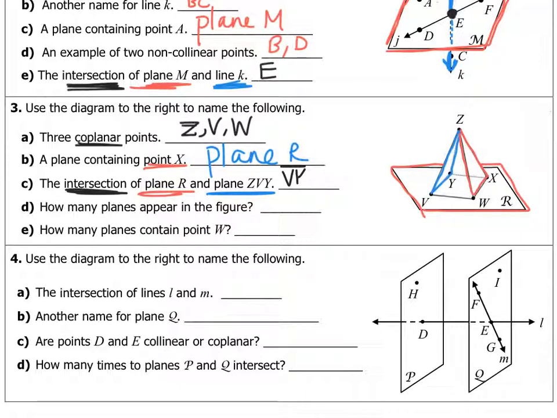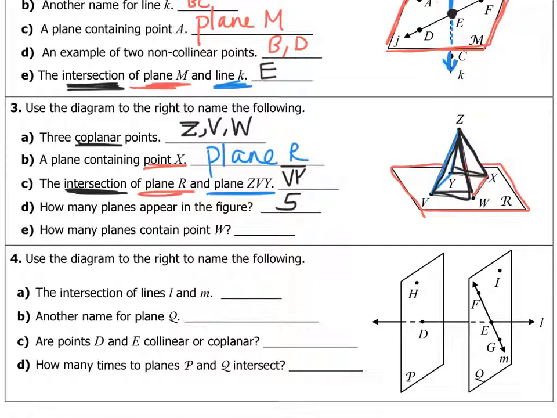And another plane that I see is plane ZVW. And I see another plane, which is plane ZYX. So it looks like I have a total of 5 planes.